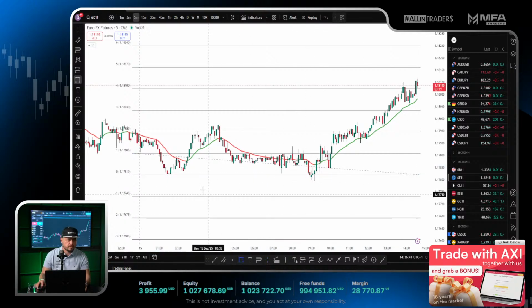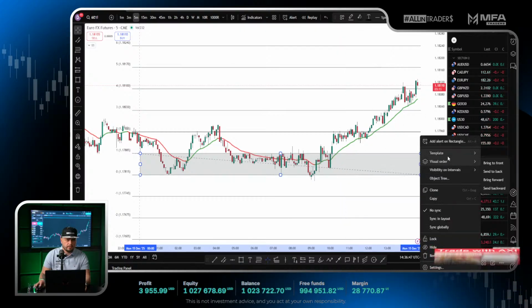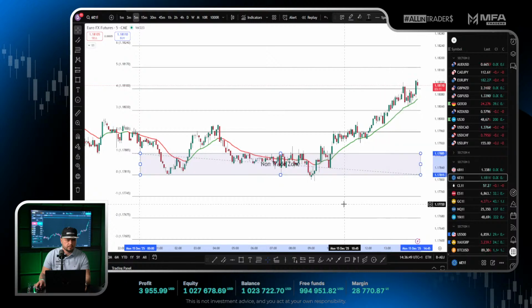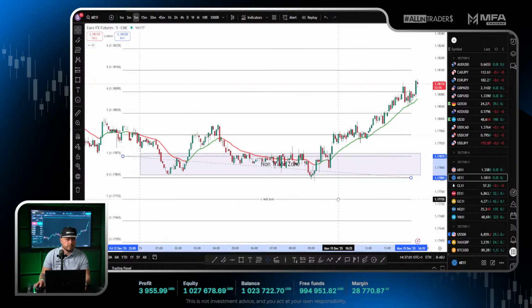So we are looking at this range right here. This can be our non-trade zone. We got reaction at expansion here. Also nice reactions here. Let's say this one is okay. Price is moving up.